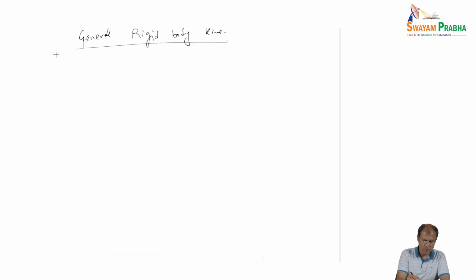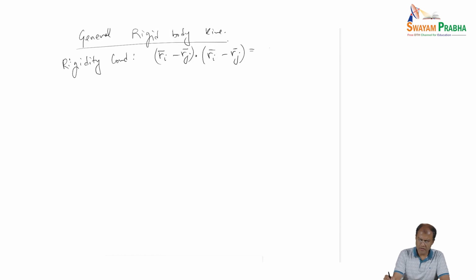From the rigidity conditions, we saw that (Ri minus Rj) dot (Ri minus Rj) is Cij squared. This is a constant. In other words, Ri dot Ri, these are the position vectors, is Di, and this is a constant.